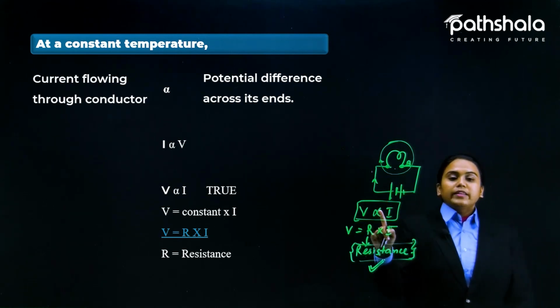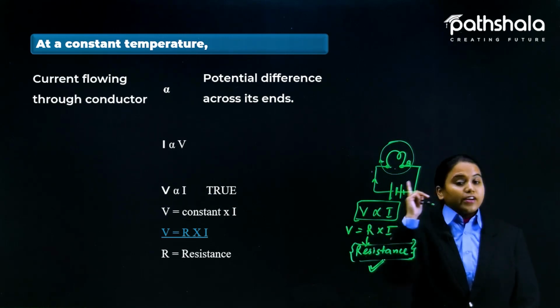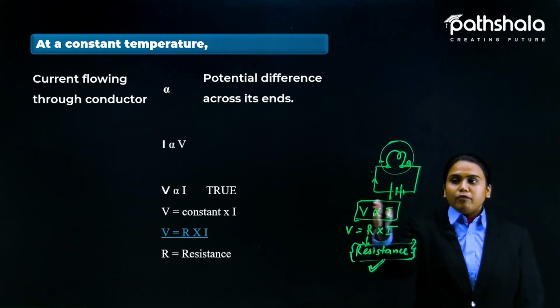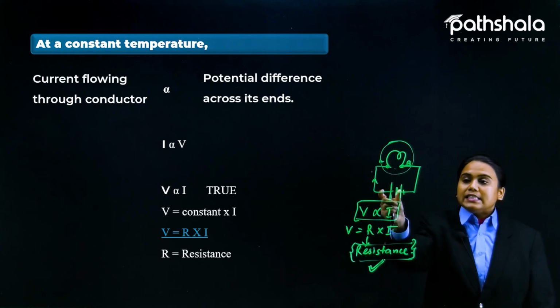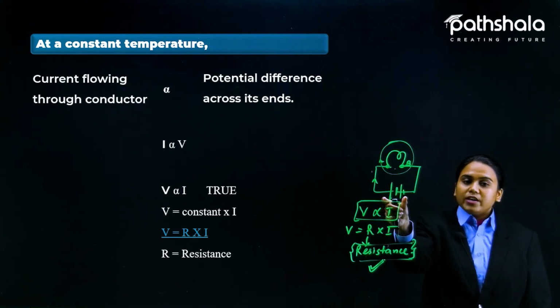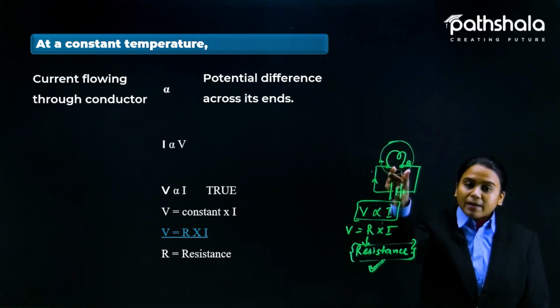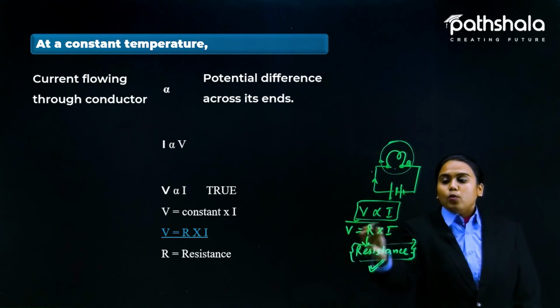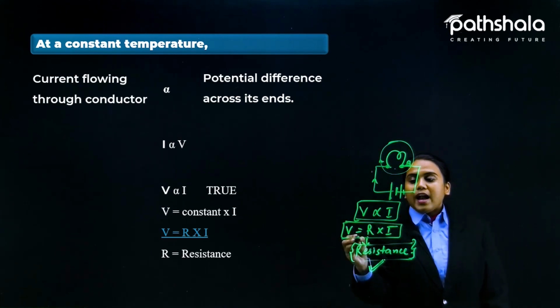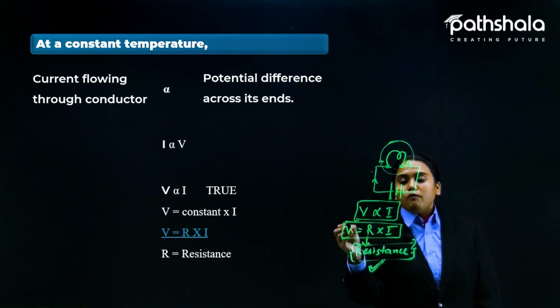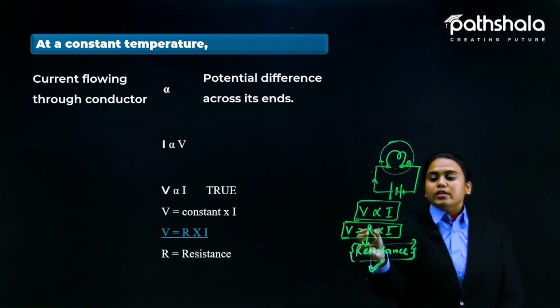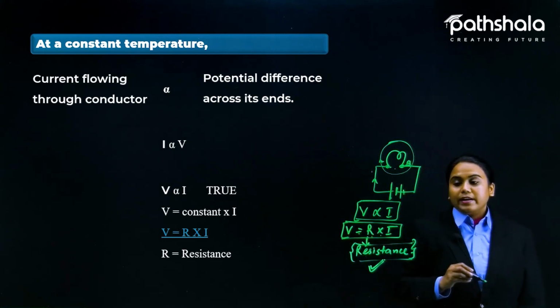So revising all things again, I am telling you at a constant temperature, the current flowing through the circuit is directly proportional to the potential difference applied across the resistance, or we can say any kind of appliance. So this equation gives us the value of potential equals resistance multiplied by current.